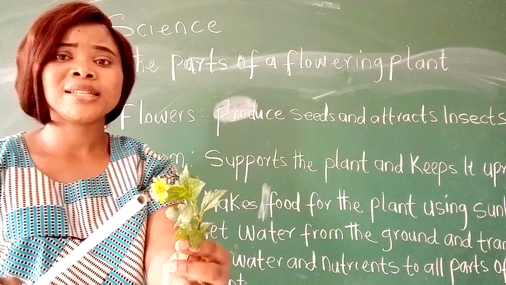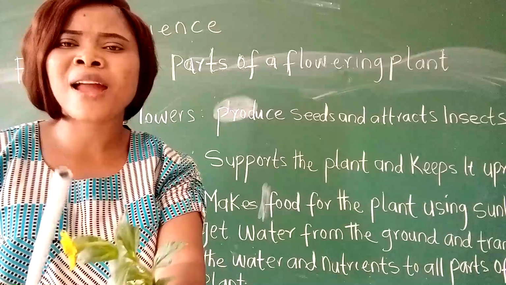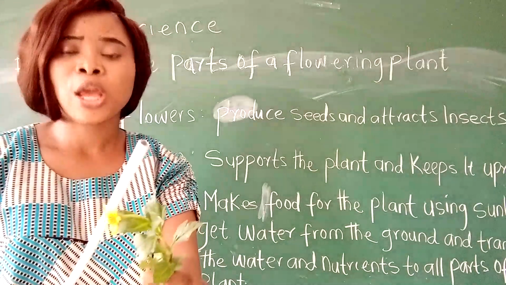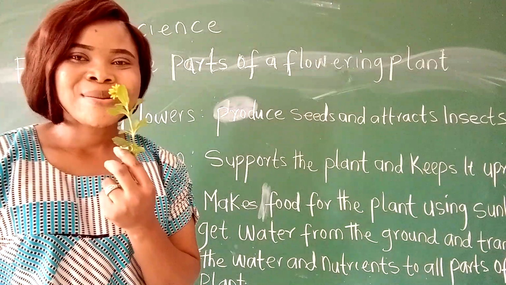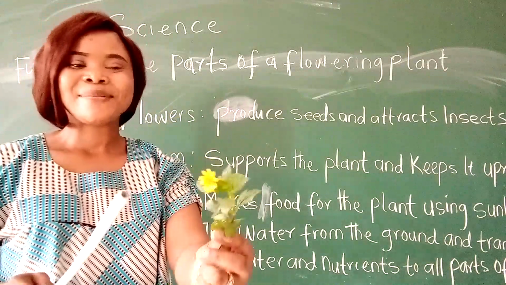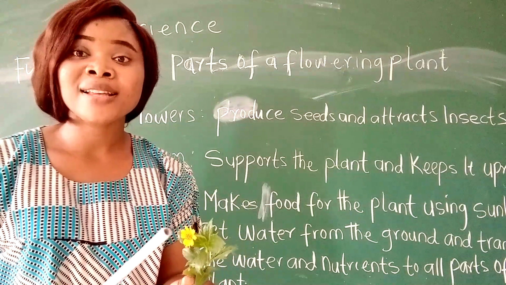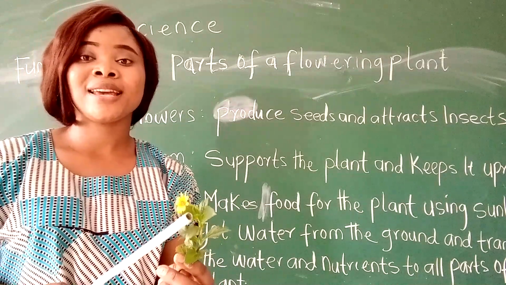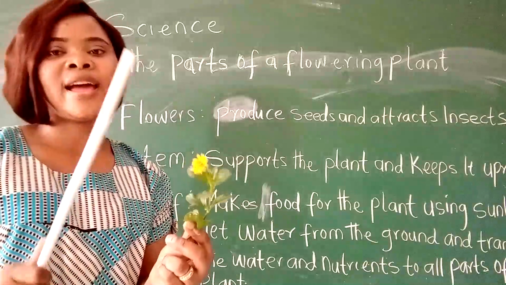They produce seeds and attract insects. So why do flowers attract insects? It's because the flowers smell nice, and that attracts the insects. And there's one big thing that happens.